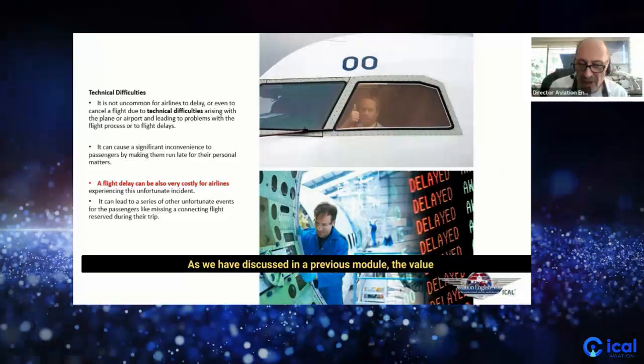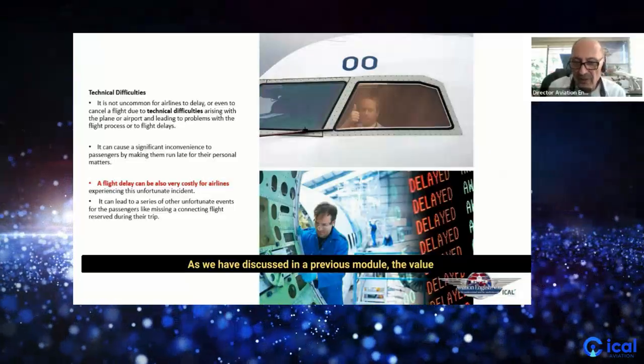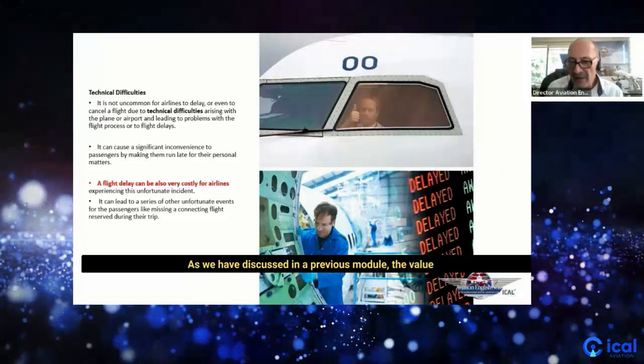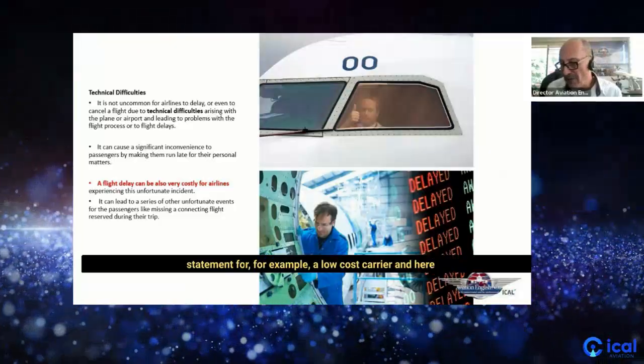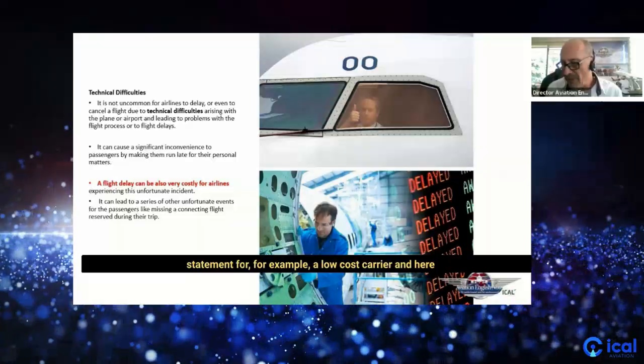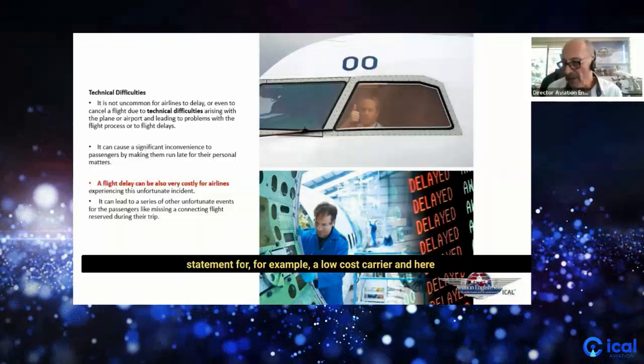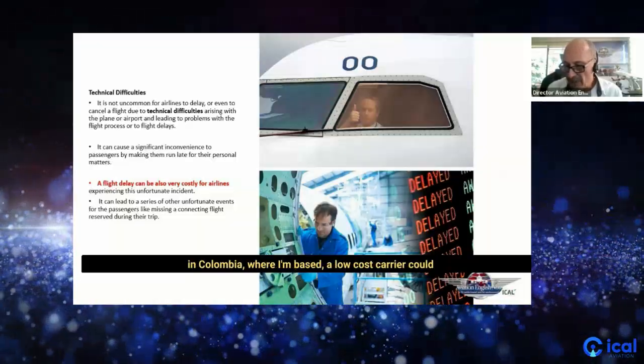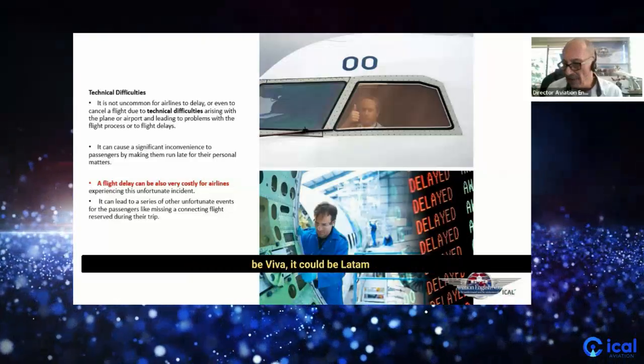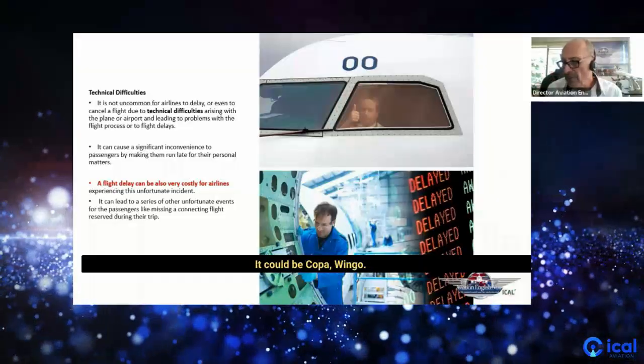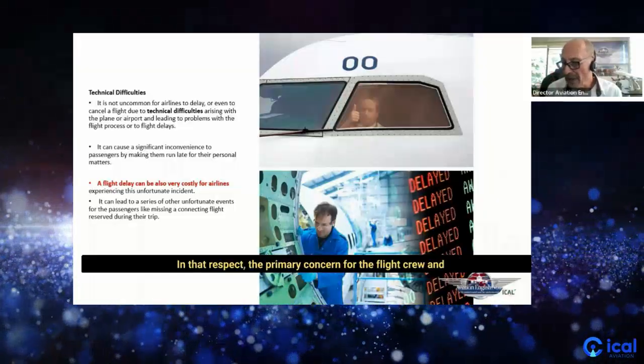As we have discussed in a previous module, the value statement for example, a low-cost carrier, and here in Colombia, where I'm based, a low-cost carrier could be Viva, it could be Latam, it could be Copa Wingo in that respect.